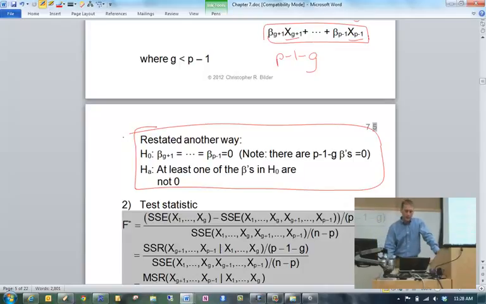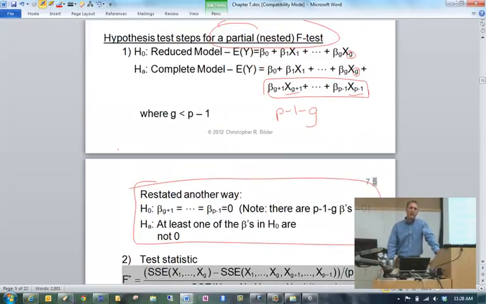Why not? If you're making the assumption that you have a linear model such as this, they are. I mean, in the first statement, the alternative states that basically every beta from g plus 1 to p minus 1 is unequal to 0. And the second one states only at least 1.